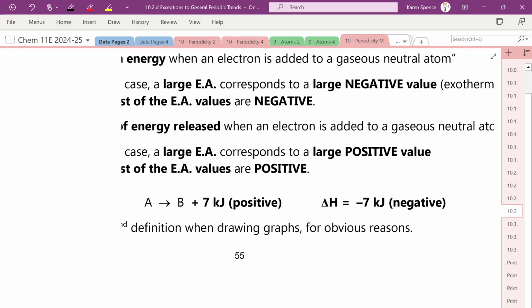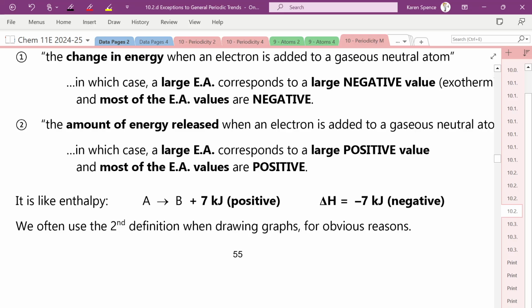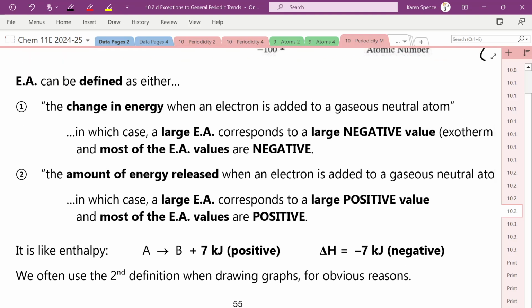Oh, and we kind of do deal with the electron affinity. It can be defined as the change in energy when an electron is added, in which case large EA is large and negative. This is the one that is most often used. However, when we are graphing, because we think bigger means higher on the graph, we will often change that for graphing, and we say the amount of energy released, which is going to make the large EA a large positive value.